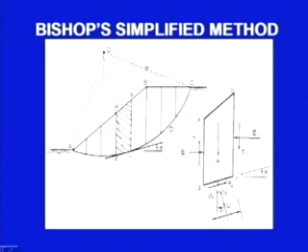Let us say it is T2 here and T1 here. There is a horizontal force E1 on the right hand side face, and on the left hand side face the force E2 is there. N is the normal force which is acting normal to the failure surface. N dash is the effective normal force, and here it is U. U is the pore water pressure. Length of this base is L.